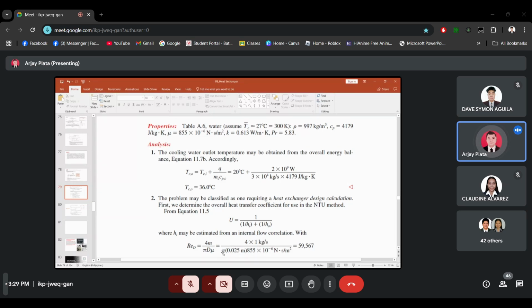Then we have pi times the diameter of the tube, which is 25 mm. The dynamic viscosity is 855 times 10 to the negative 6 Newton seconds per square meter, from table 8.6 as well. So we got 59,567 for the Reynolds number.